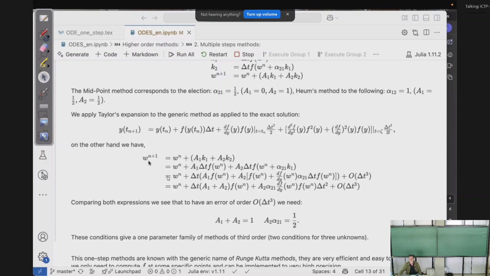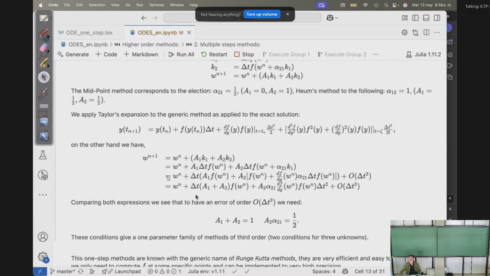We say W n plus 1 is W n plus this, and this one was this one, and this other one was this. So you get this in here. And here I use this difference. I use Taylor series expansion for the f in this line, and then I collected this in here.